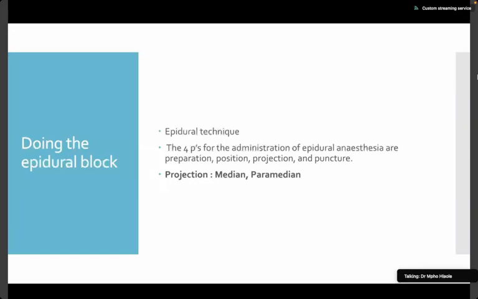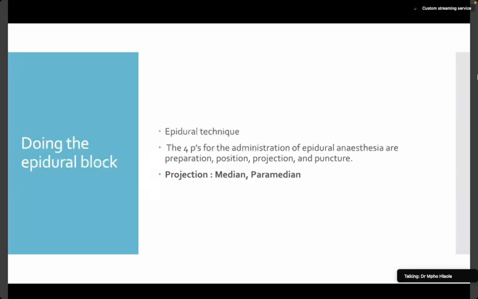Most of the time we only think of midline because that's what we're used to, because of the spinal anesthesia technique that we do. But when you think about it, when you're looking at the cross-sectional area of the spinal cord or neuraxial axis, the epidural space is not just at the back, it's everywhere.